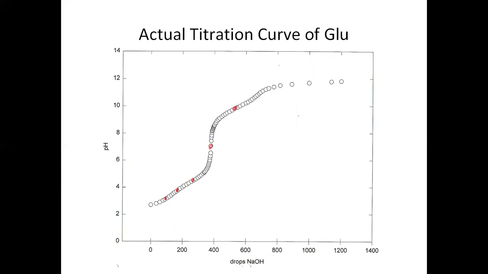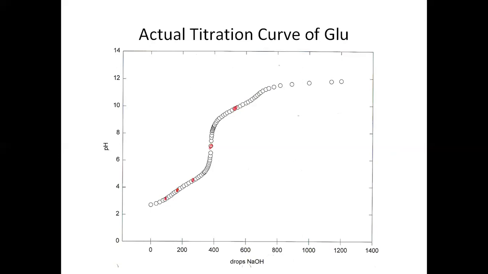Here we have an actual titration curve of glutamic acid presented in a slightly different form than my last one. What I have done here is to place some red dots along our titration curve.